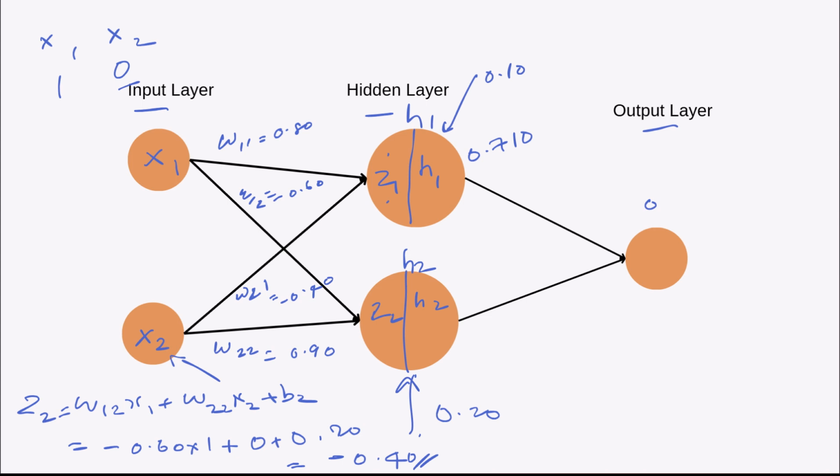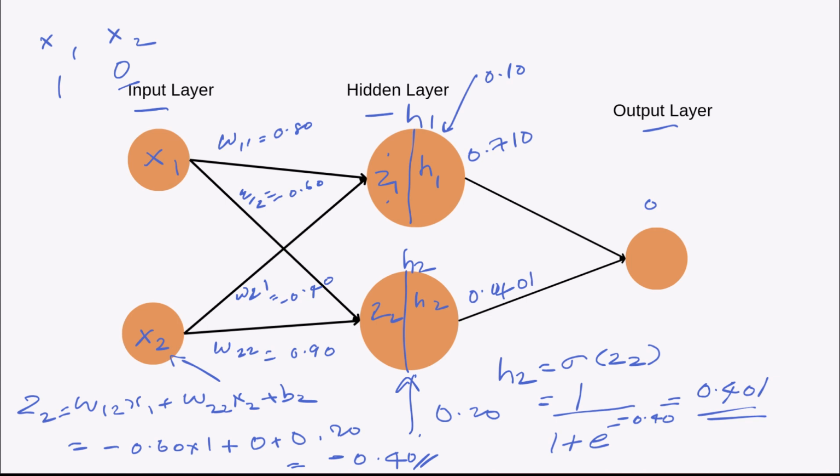Now we need to calculate the activated value H2, which is equal to sigma of Z2, that is 1 by 1 plus e raised to minus 0.40, that is 0.401. So we got the value 0.401. Now the H1 and H2 will go as an input to the output layer.